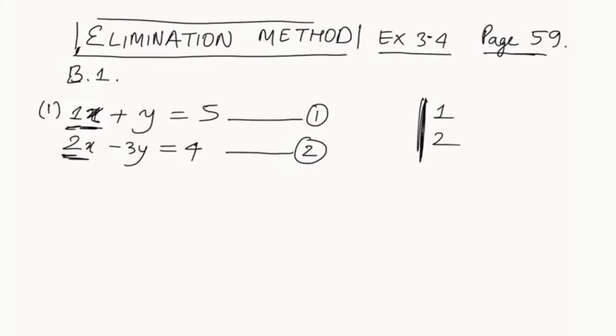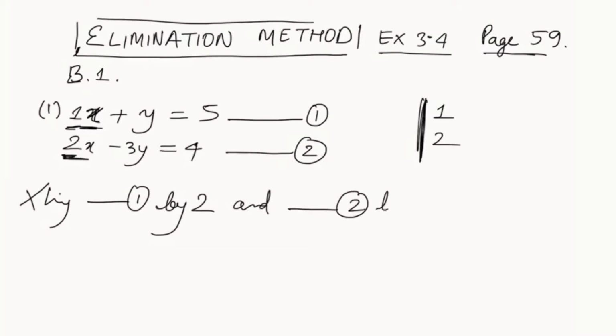This is how we write: multiplying equation 1 by 2 and equation 2 by 1, we get. Okay, this is very interesting. Look, this is equation 1.